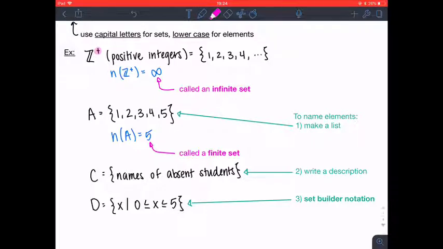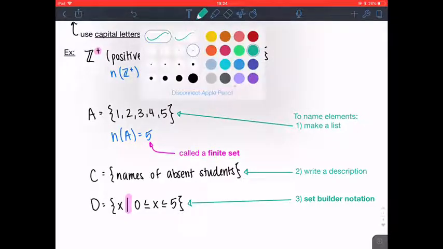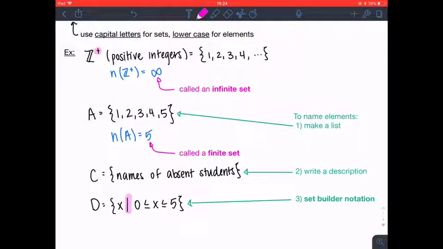Now this line right here in set builder notation stands for the term "such that." So what this says is x such that x is between 0 and 5, including 0 and 5, because of this equal to line.